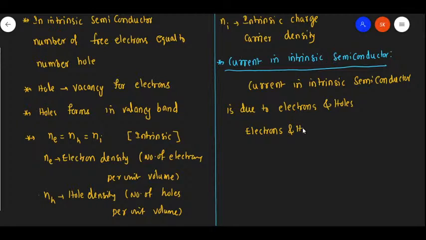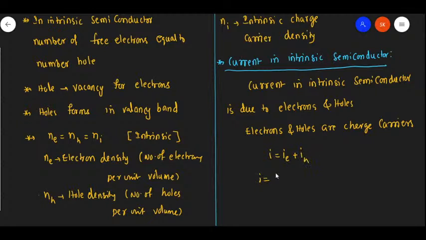Electrons we take as negative charge, and holes we take as positive charge. Holes are charge carriers. They can carry the charge and they can provide the current. Then the current in semiconductor is the electron current plus the hole current.